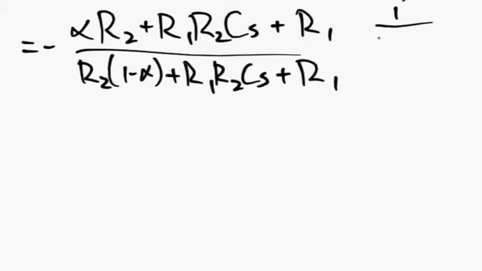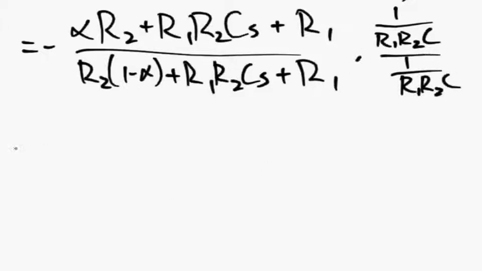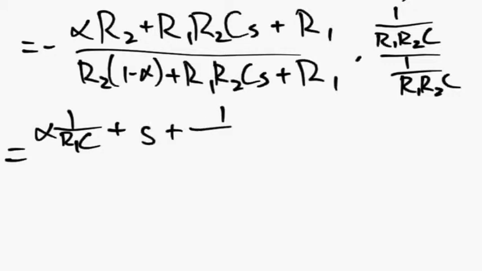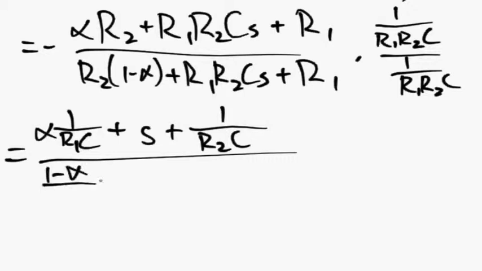Now we multiply the top and bottom by 1 over R1 R2C to get alpha times 1 over R1C, plus S plus 1 over R2C, divided by 1 minus alpha over R1C plus S plus 1 over R2C.